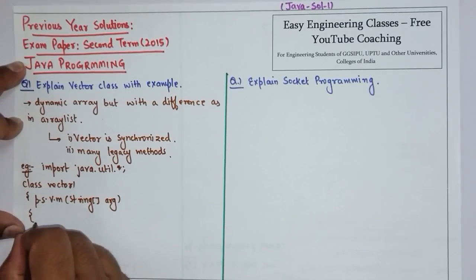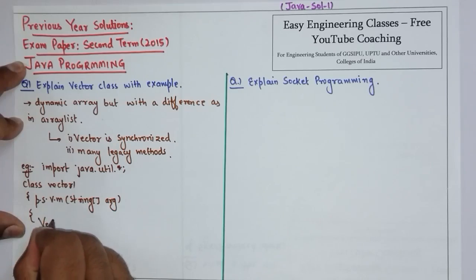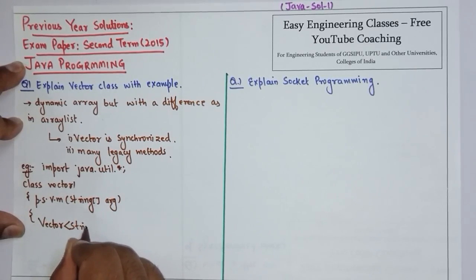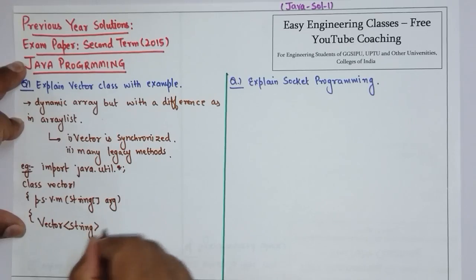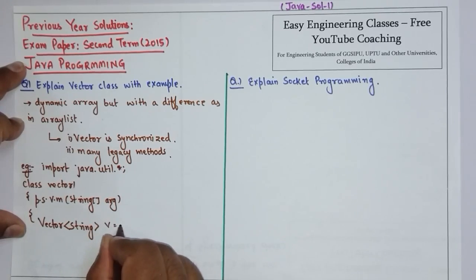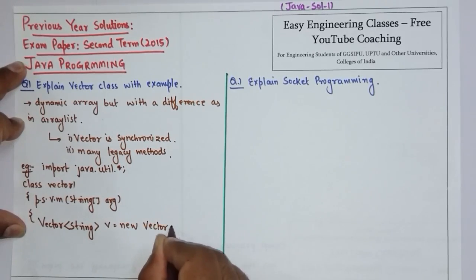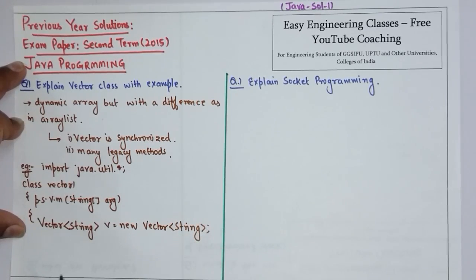Now to create vector class you have to use like this, Vector. मैं स्ट्रिंग टाइप का बना रहा हूँ तो आपको ऐसे लिखना पड़ेगा स्ट्रिंग, then the name of the object, suppose v, new Vector string. So what I have done is I have created an object of vector class v.